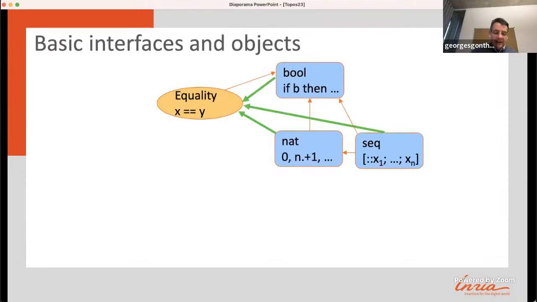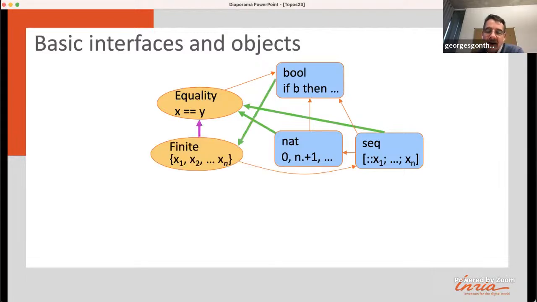Part of these interfaces are something you would find in the textbook. And then you've got interfaces which are definitely not from a textbook, like basic combinatorial things like figuring out whether two things are identical, or figuring out how to enumerate a finite type.